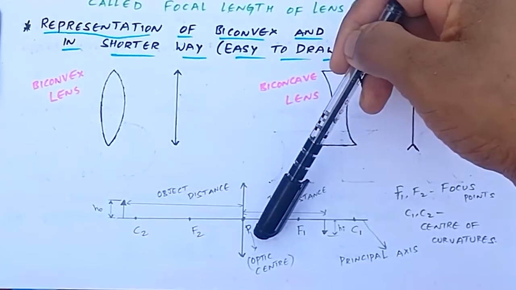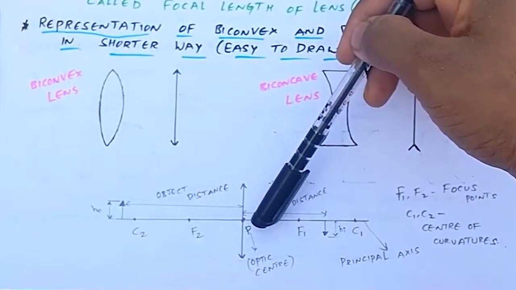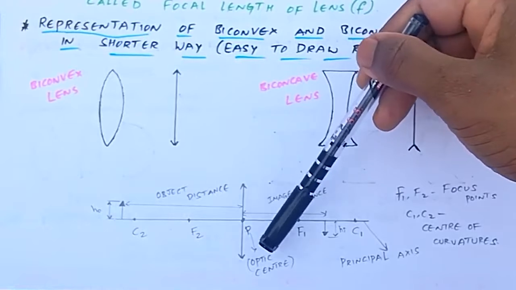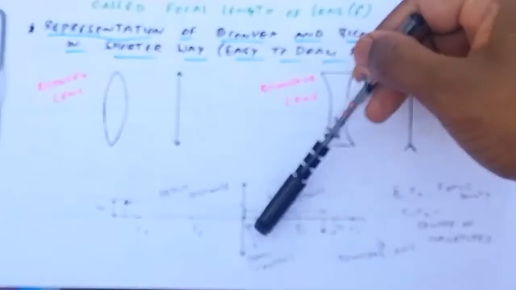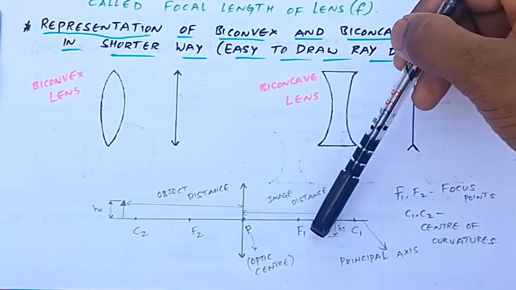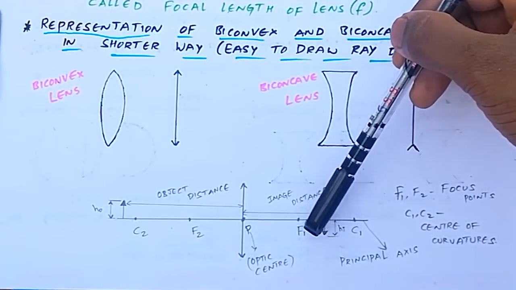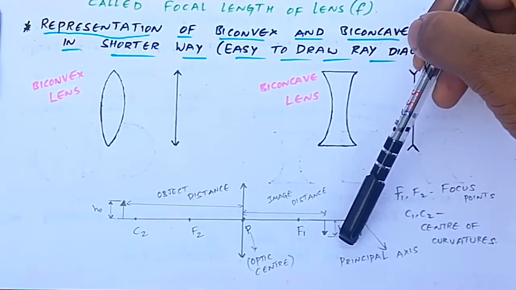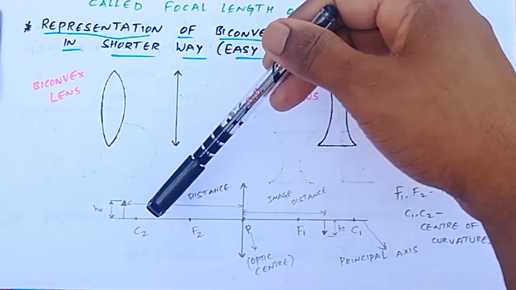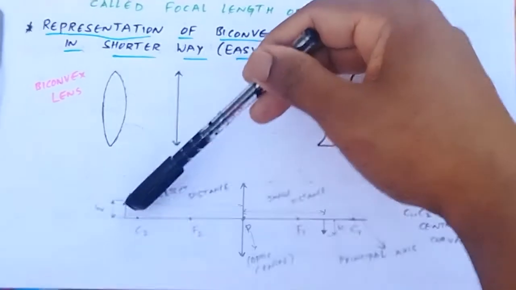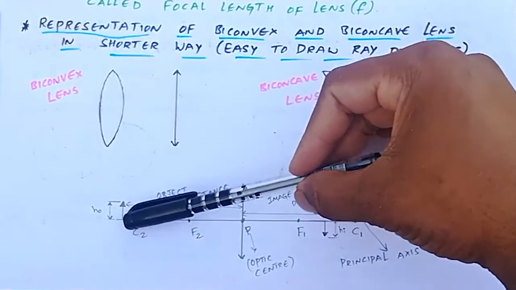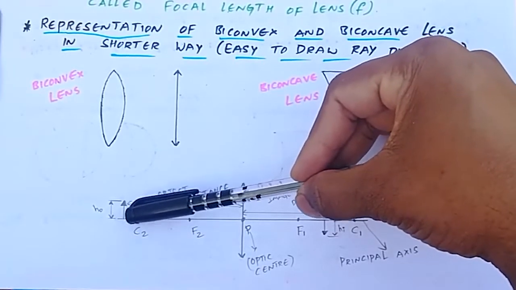This one, biconvex lens; I am taking the biconvex lens as the example. The center of the lens is nothing but the optic center, represented with capital P, and this is F1 C1, that means the focal point and center of curvature on one side, and on the second side the focal point and the center of curvature. Okay, so if the object is placed beyond C, see, this is the height of the object.